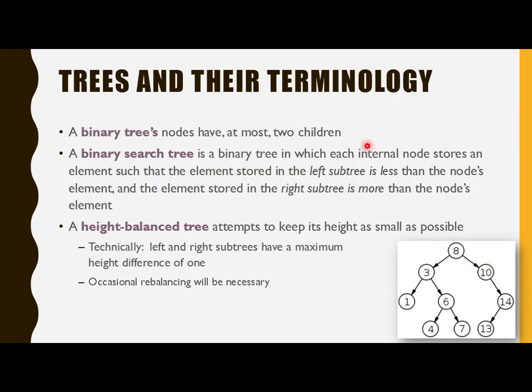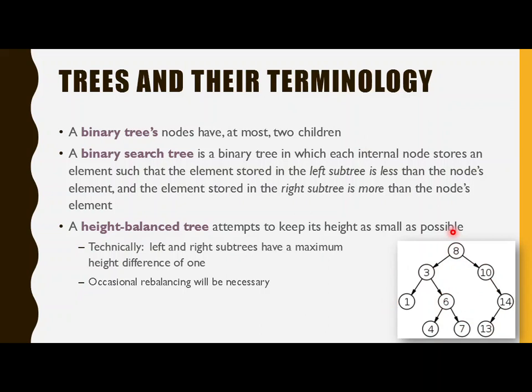More specifically now, a binary search tree, or BST, that we'll use as an abbreviation, is a tree that has a very specific ordering of its nodes. So it is a binary tree, which means no node can have more than 2 children, but the values have a specific ordering with respect to their parents.